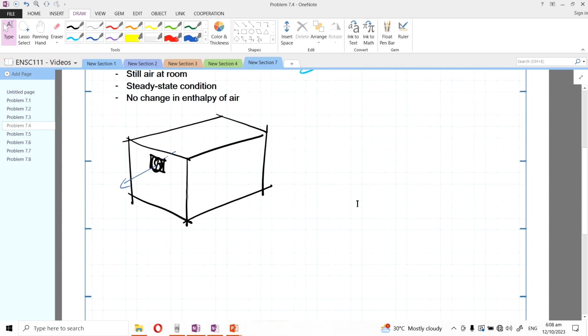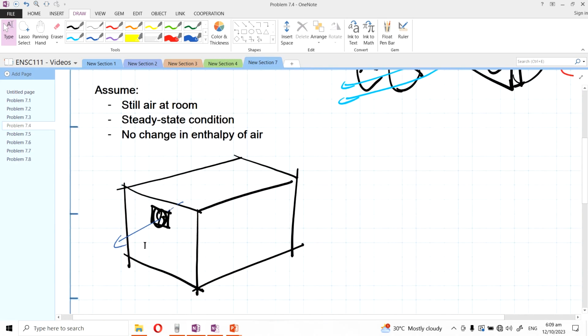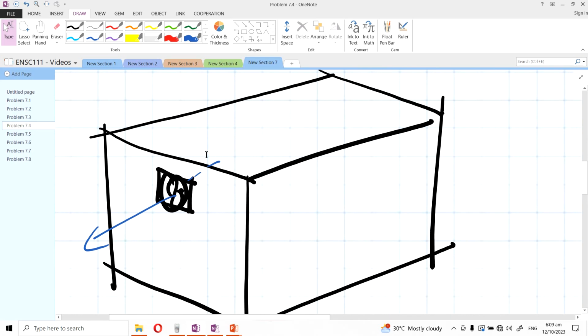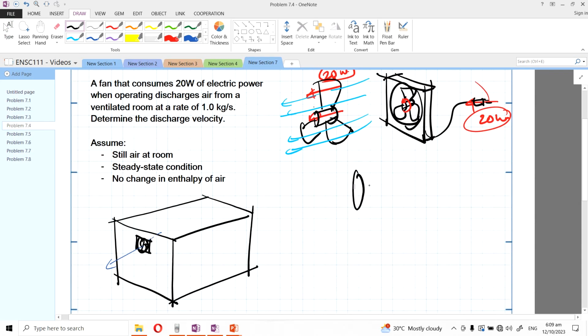Okay, so what else? Then compare. You can also feel that at the back of the fan there's not much velocity. You don't feel much velocity here compared to if you are standing right in front of the fan. Well, let me draw it here. Let's say we have a stand fan blowing air this way.